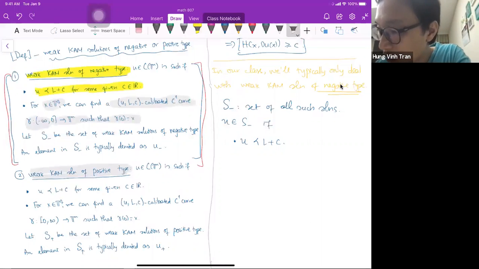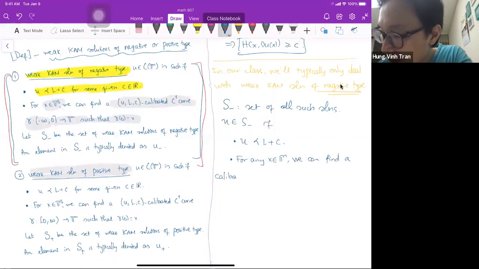Geometrically, we are saying that for any x in the torus, we can find a calibrated curve gamma from minus infinity, 0 to the torus with gamma of 0 equal to x.